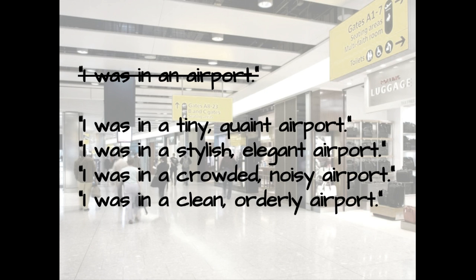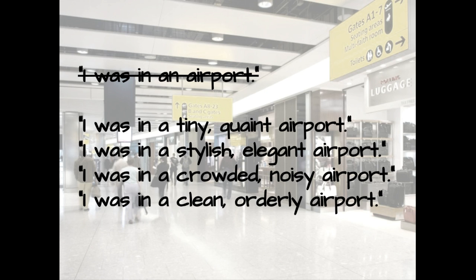So instead of saying I was in an airport, we could pop some adjectives in there. And I bet that you know exactly which picture I'm thinking of for each of these sentences here. I was in a tiny, quaint airport. I was in a stylish, elegant airport. A crowded, noisy airport, or a clean, orderly airport.